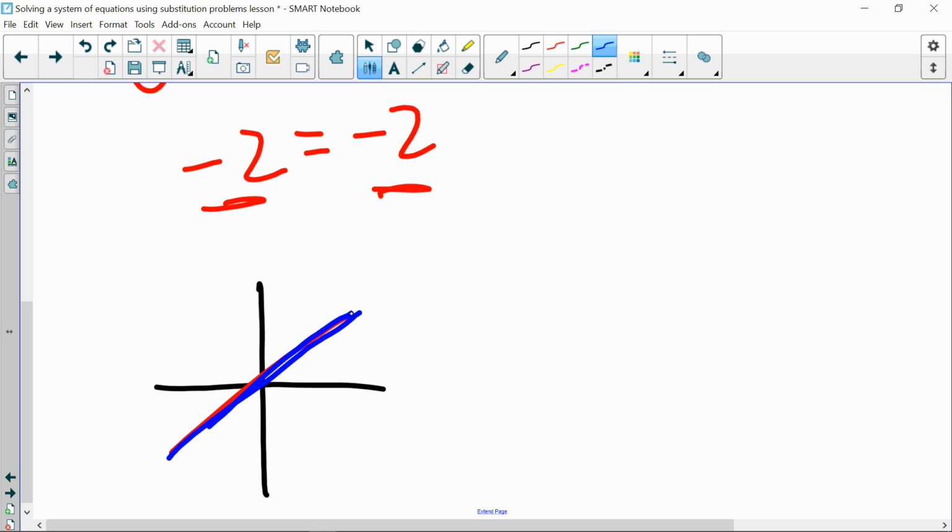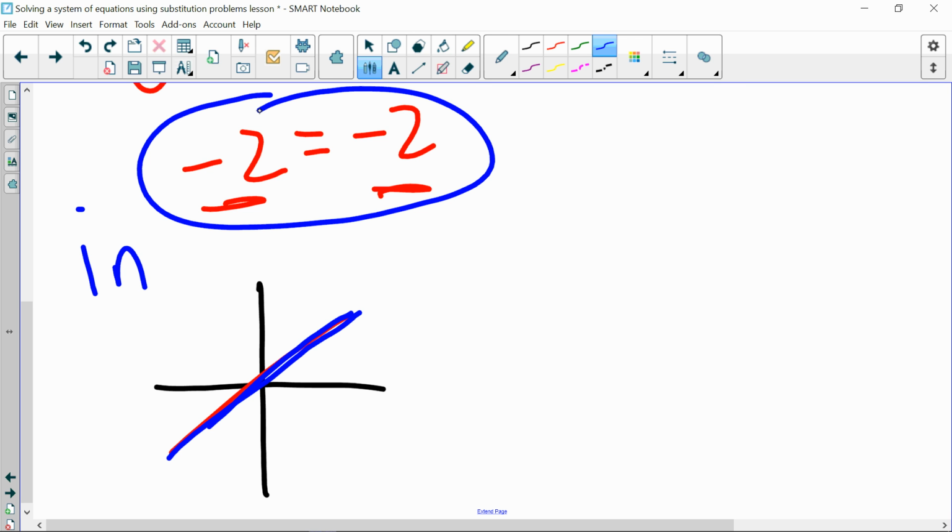So those two lines are touching at every single point on the lines. So that means it's an infinite number of solutions. So this is a scenario when you get this type of answer, a number on the left, and it's the same number on the right. It's infinite number of solutions.